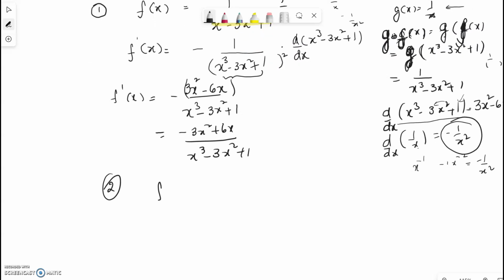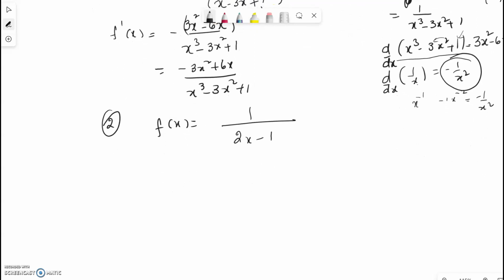Now suppose you had f of x equals 1 over 2x minus 1. Again, you could think of it as a quotient. We know for sure it's not a sum or difference or a product, but we can use the chain rule by thinking of it as a composition of two functions. So f of x equals 2x minus 1.